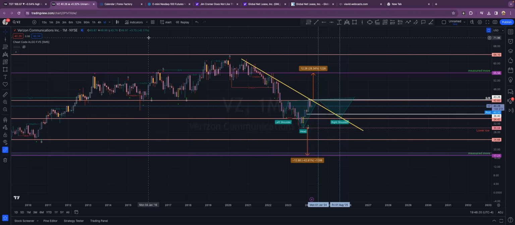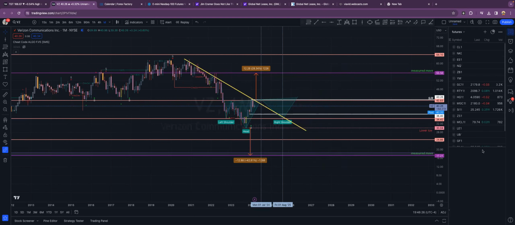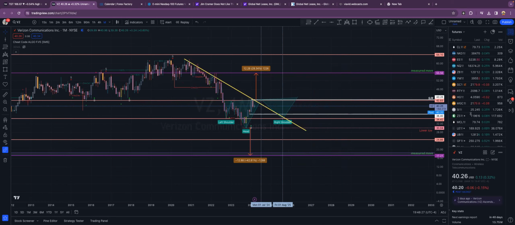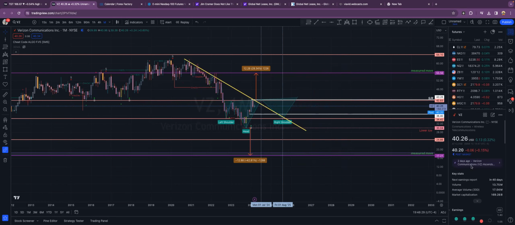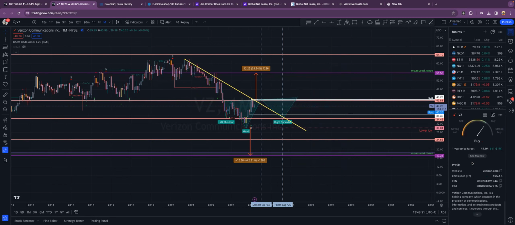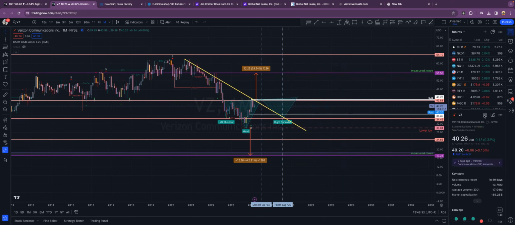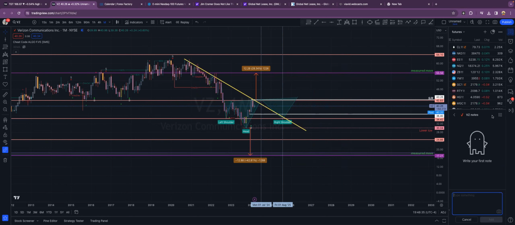Make notes. Put notes on it. The great thing to do about TradingView, right? Hit this little tab here. You see where it says Verizon, you can scoop that up, right? Grab that and drag it where it's at. Oh yeah, right here. Add notes. So you can add a note.